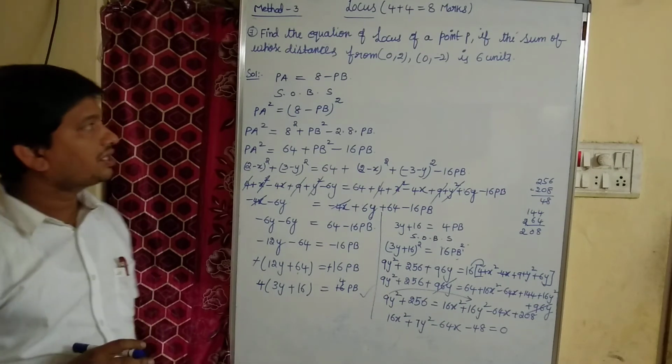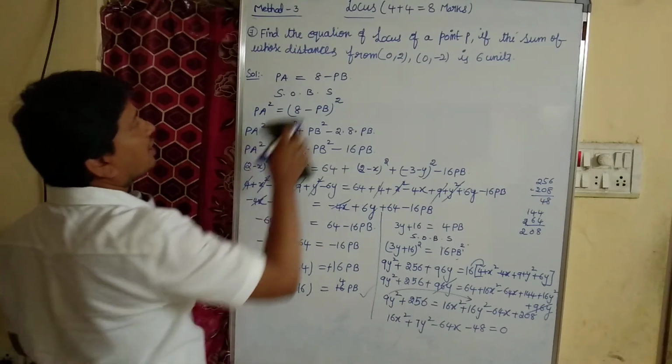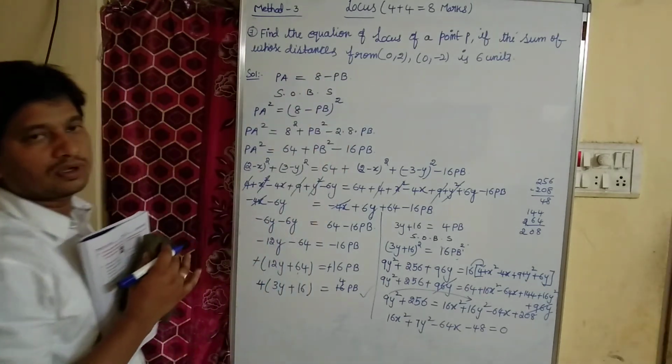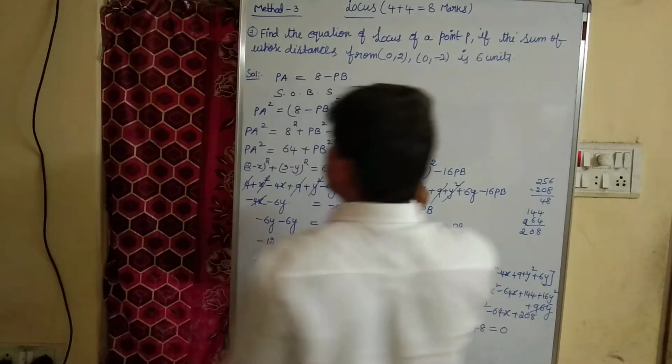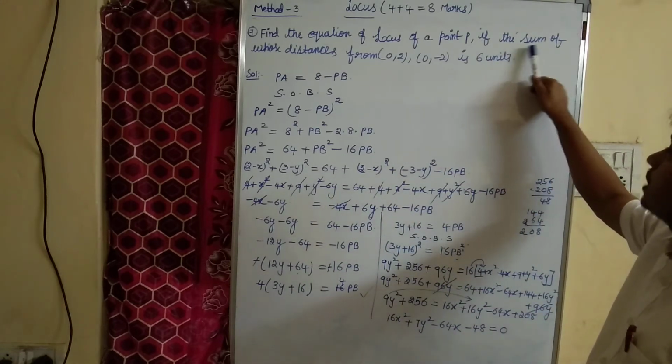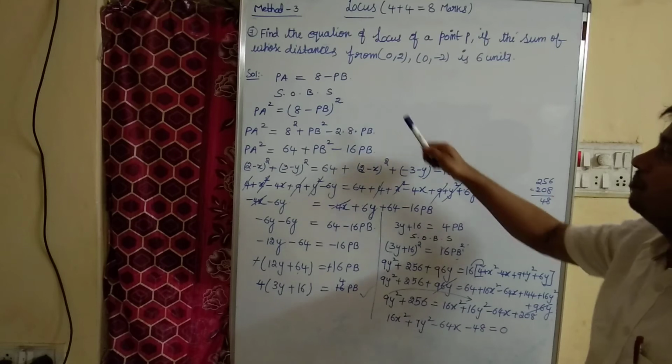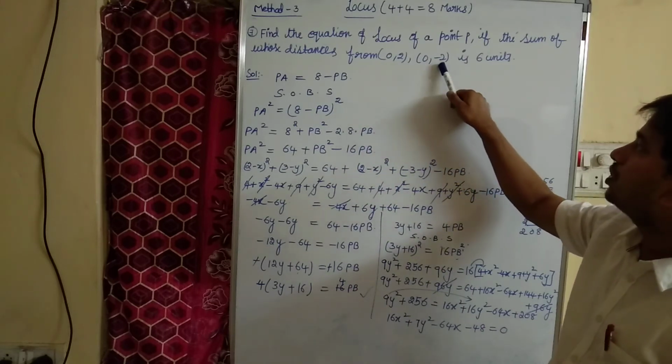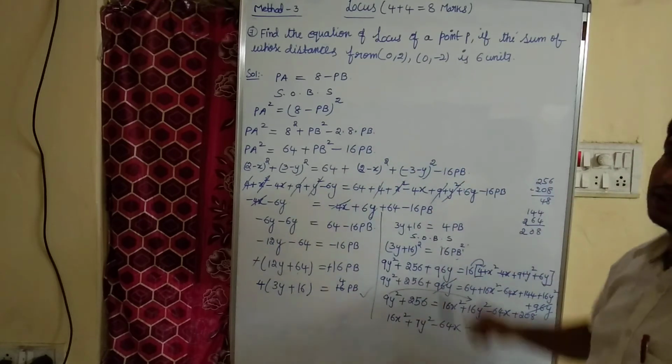Children, here the condition is not given directly. Try to understand the question. Find the equation of locus of point P. The sum of whose distances from 0 comma 2 and 0 comma minus 2 is 6 units.